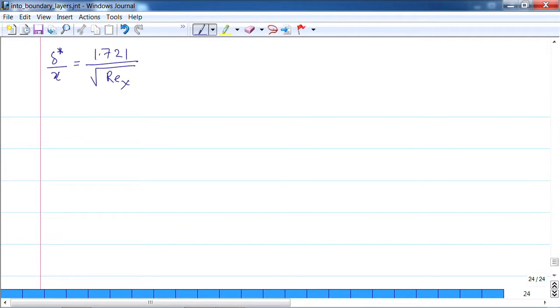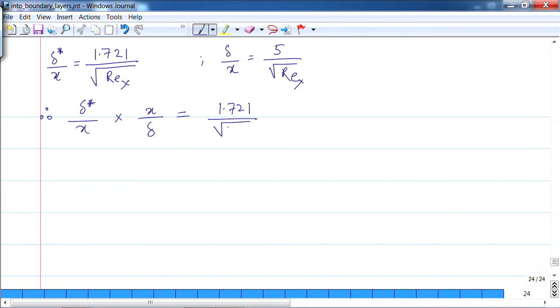For example, you can find that out straight away, replacing x by L. Now, I did something: delta is basically 5 x by root Re_x. So delta star by x, I'm going to multiply by x by delta, which is equal to 1.721 by root Re_x into root Re_x by 5.